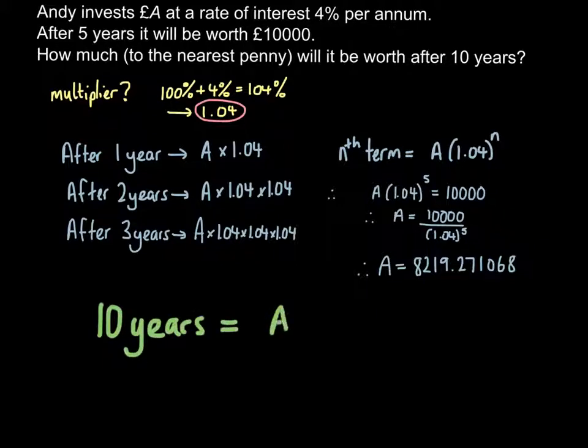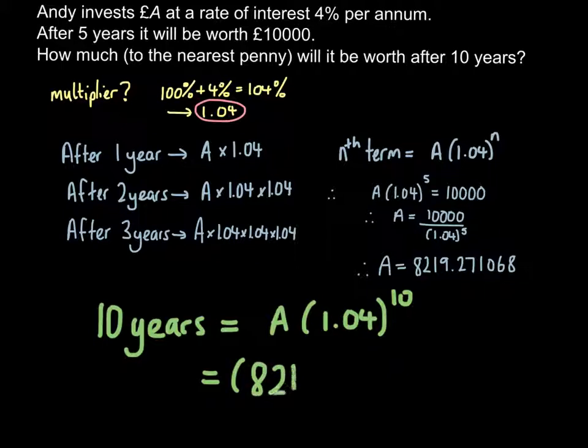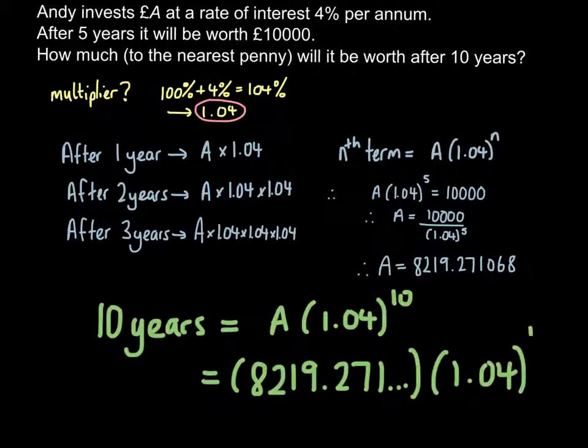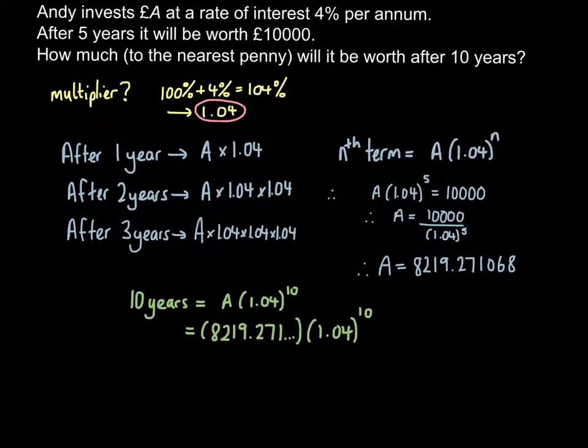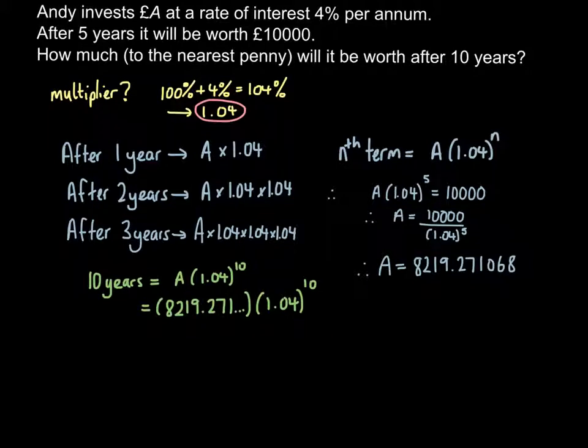But that's not the answer we've been asked for, so I want to keep that answer unrounded. We're only going to round the final answer, which is what's going to happen now. If we put that A equals 8,219.27 and n equals 10 back into our nth term, we'll be able to work out the 10th term, which would be the investment after 10 years, which is the calculation I've just written out.